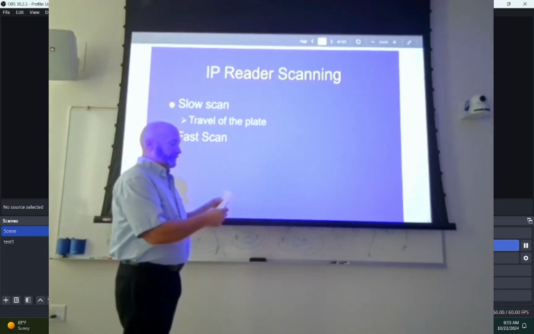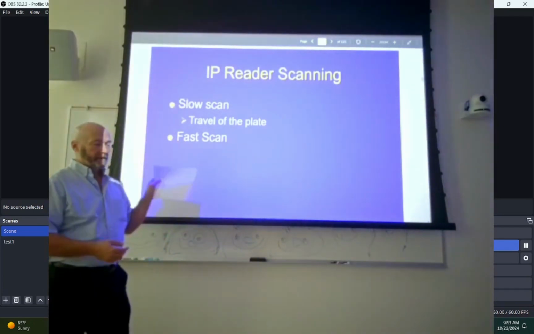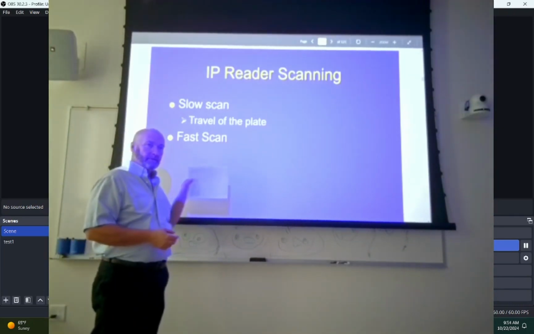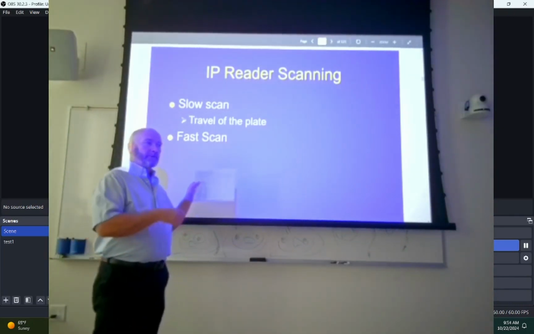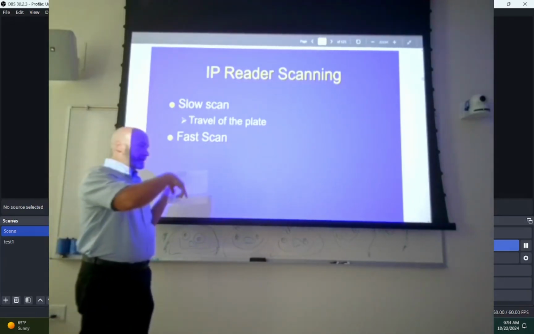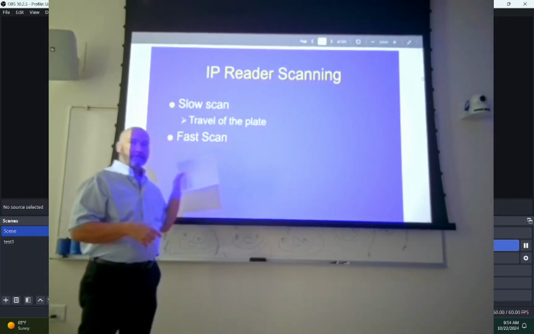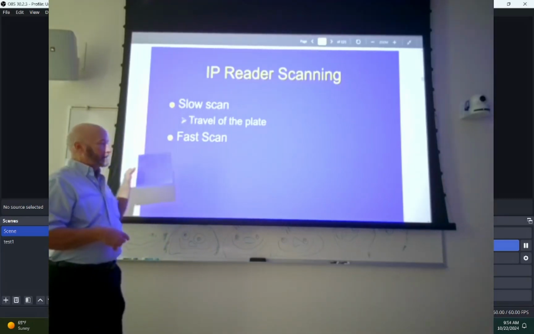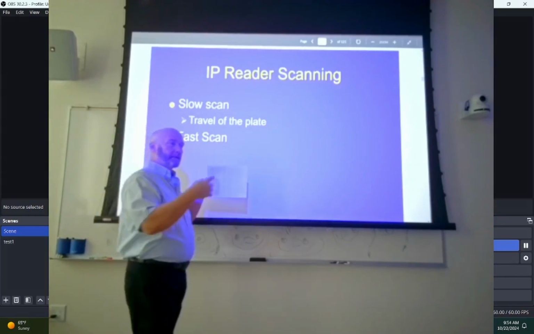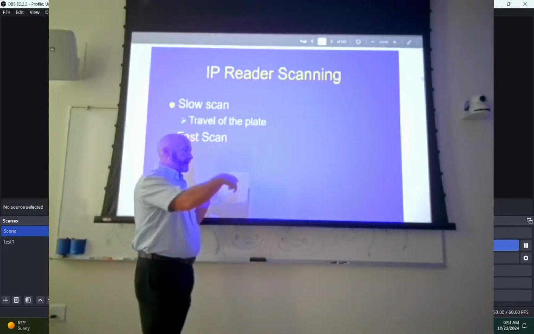So what we've got are two different things going on in the CR system. The travel of the plate through the CR system is one thing. And then at the same time, we've got a laser that is scanning the plate. So we've got a fast scan and a slow scan. The slow scan is travel of the plate through the CR system, and the fast scan is the laser.